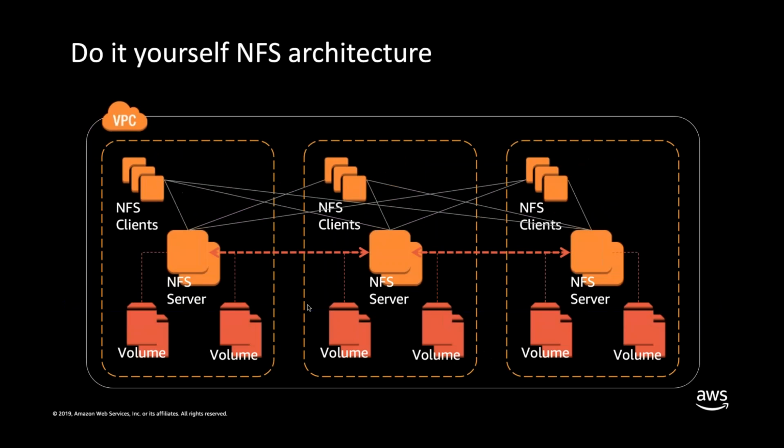So if you're building your own network file system, this is the common architecture. If you need higher availability and high durability, you need to cluster it out into multiple servers and multiple volumes. So this is the do-it-yourself way of deploying a file service.